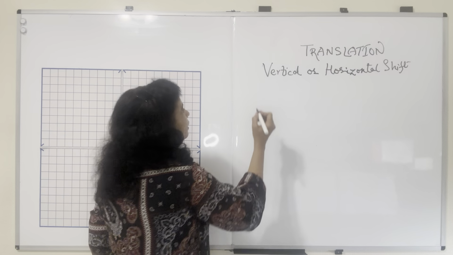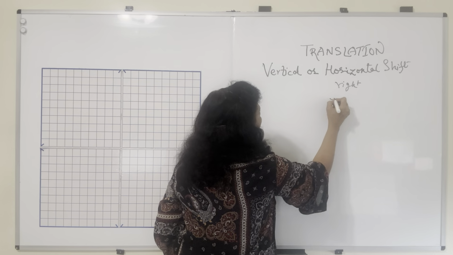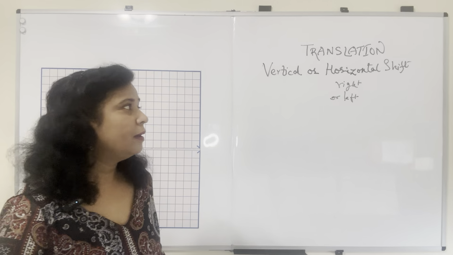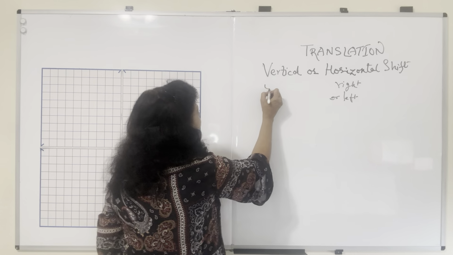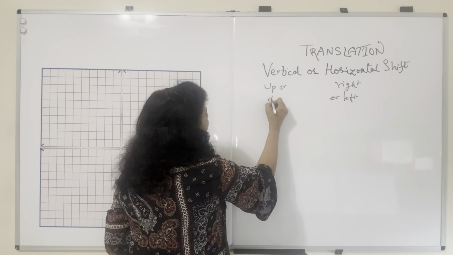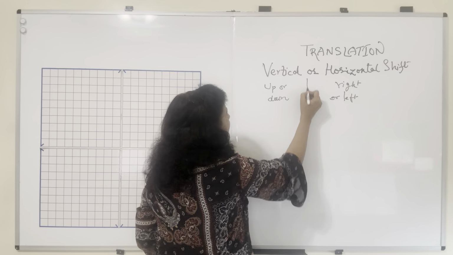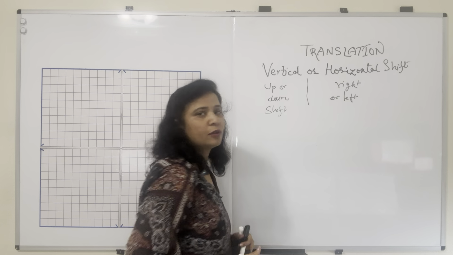So when we say right or left, we talk about horizontal. But when we say up or down, we talk about the vertical shift. So this is your vertical shift and this is your horizontal shift.